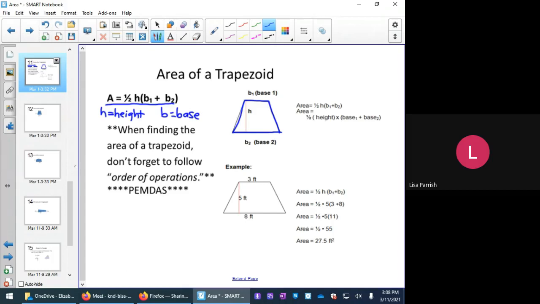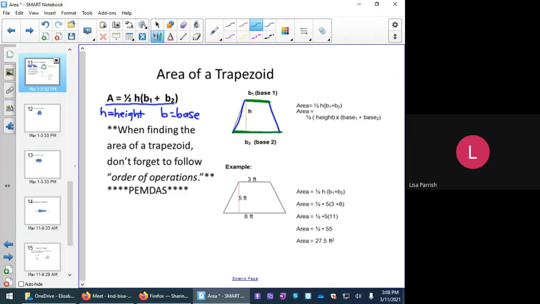On a trapezoid, the big thing to remember is the bases, and it doesn't really matter which one you call base 1 and base 2 because you're just adding those together. But the bases are going to be the parts of the trapezoid that are running parallel to each other. If you will notice this line and this line, they run parallel.